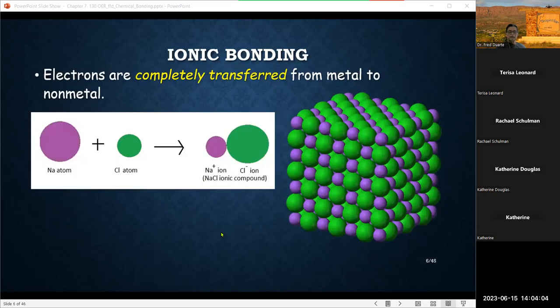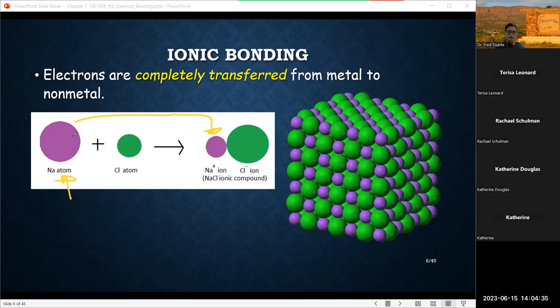All right, now let's talk about electrons and the transfer of electrons when we are creating ionic bonds. Now you have a sodium atom here, represented by, I guess, red color. Notice what happens to the diameter when it loses an electron.